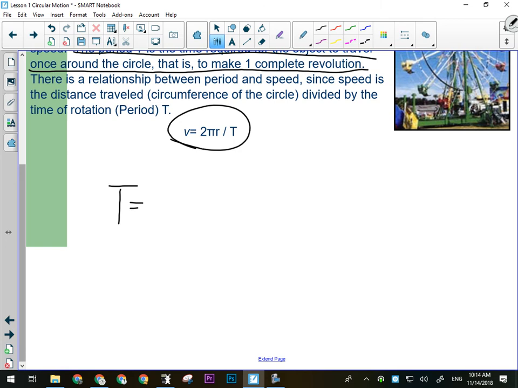Period would be seconds per cycle. It's the time for one cycle, whereas frequency is cycles per second. So they're the inverse of one another, which is where this formula comes from.